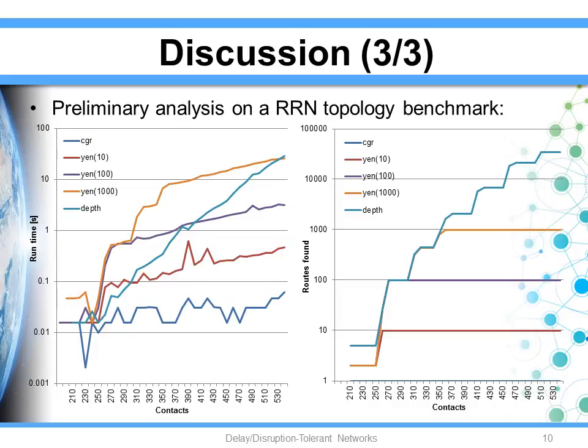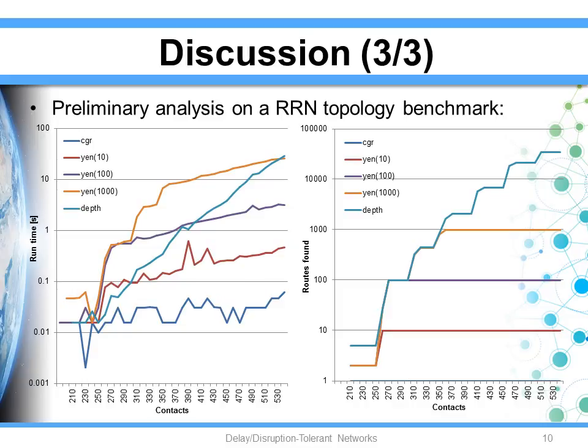It doesn't increase that much. However, if we look at the greedy algorithm, which is the lowest curve, it increased quite dramatically as well. Not quite as dramatically as Yen's in the beginning, but more dramatically after Yen finds the required number of routes.